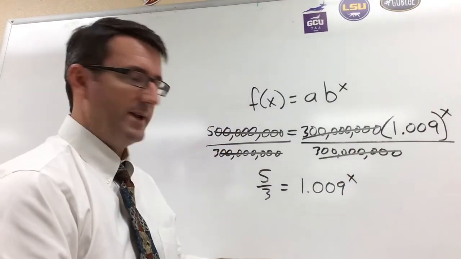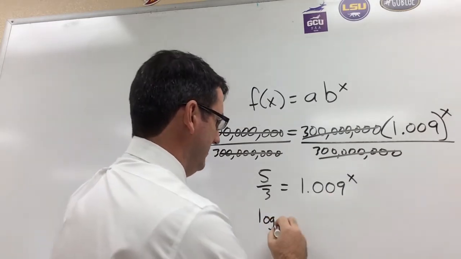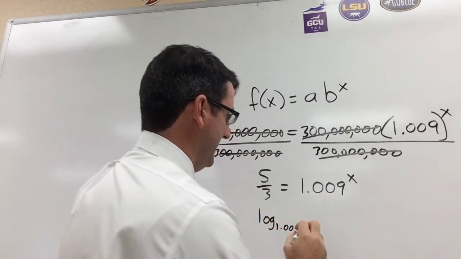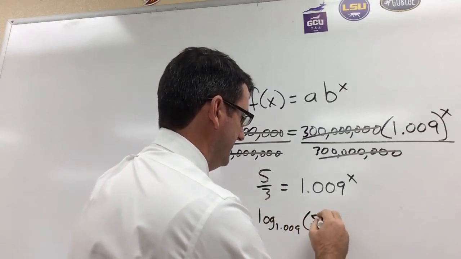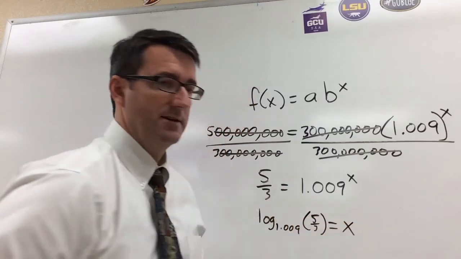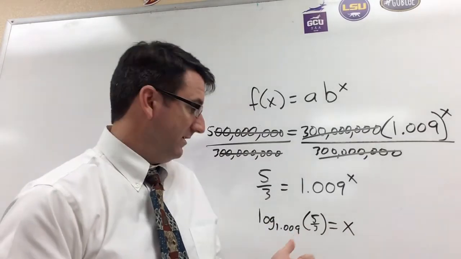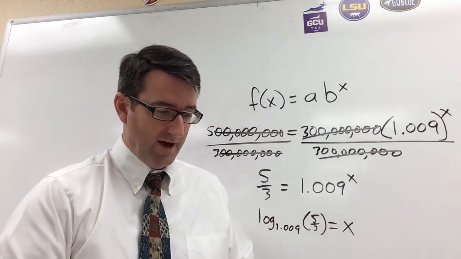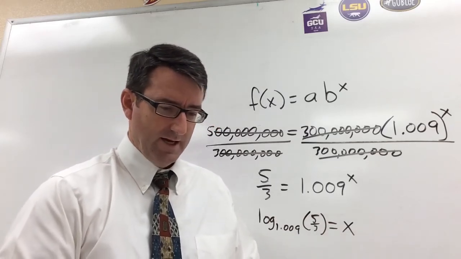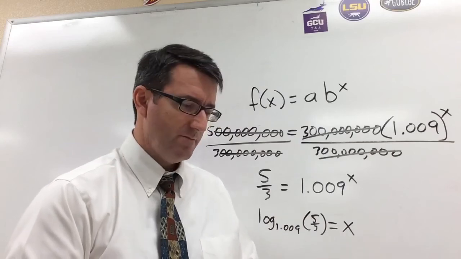And now this written as a log, we're going to have log base 1.009 of 5/3 is equal to x. And then if we plug this into our calculator, log base 1.009 of 5/3, we're going to find that x equals 57.